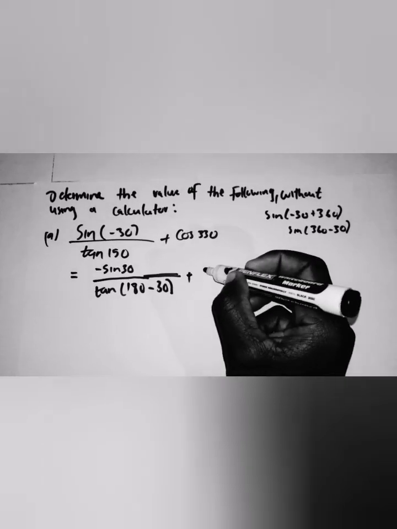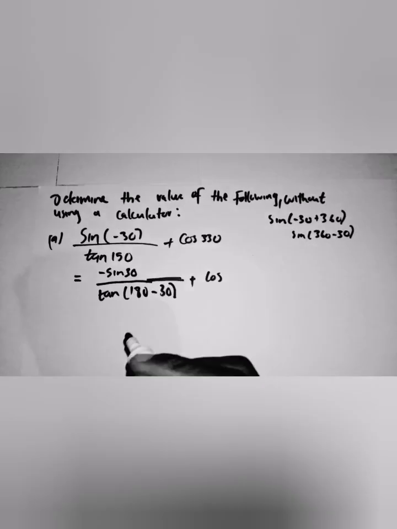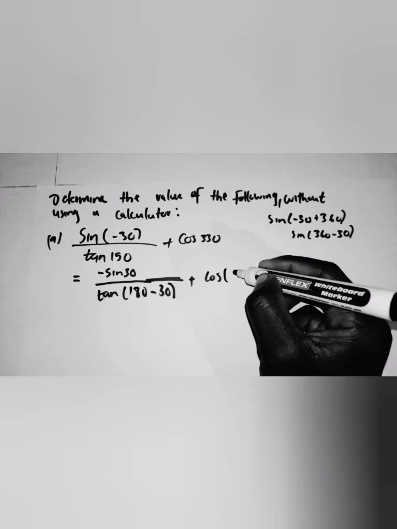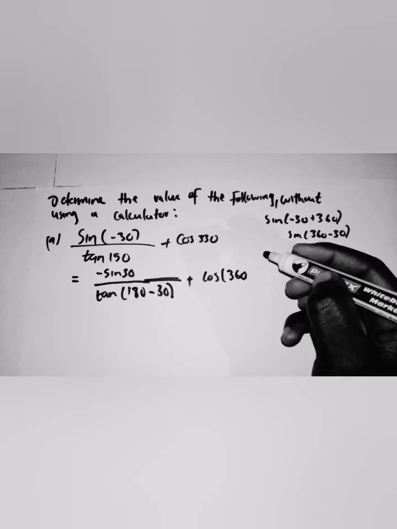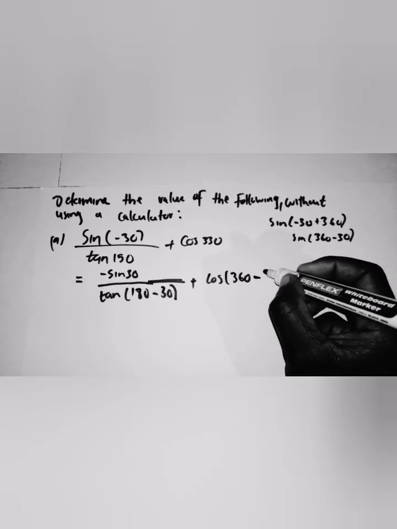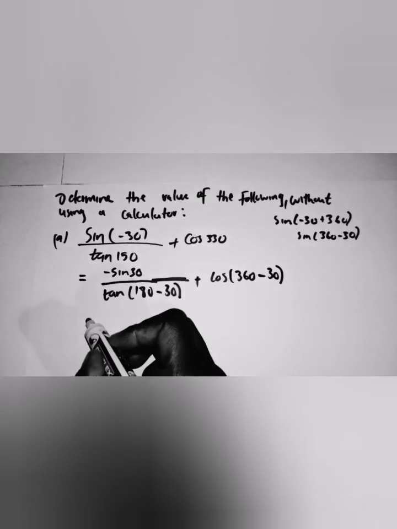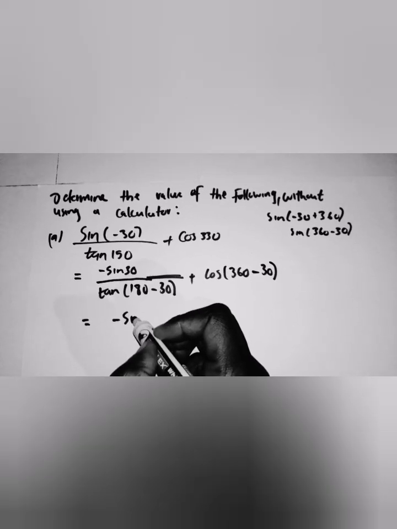Plus cos 330. Now 330 is below 360, so it is 360 minus 30, because we subtracted 30 from 360 to get 330. Therefore here you use your special angles.